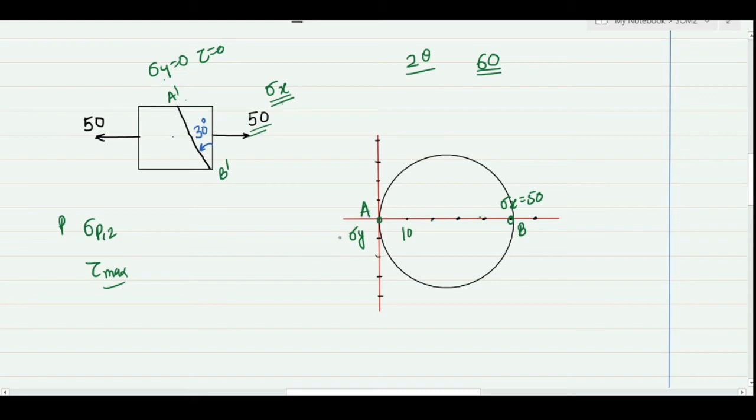In this case, as there is no shear, this horizontal line is my AB line, so I first have to mark the center of the Mohr circle, which is the center of these 2 points, so it will be at 25, and I have to construct a line at an angle of 60 degrees from this in the counterclockwise direction. So this would be my plane A dash B dash, and I can measure the horizontal value that represents the shear on this plane, and the vertical value will represent the normal stress.